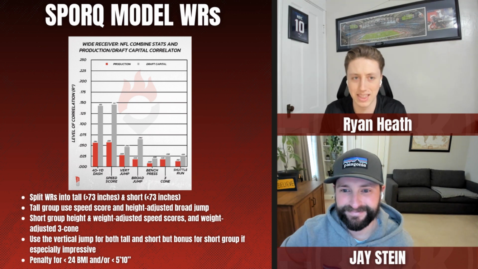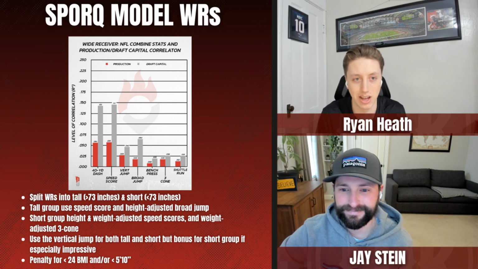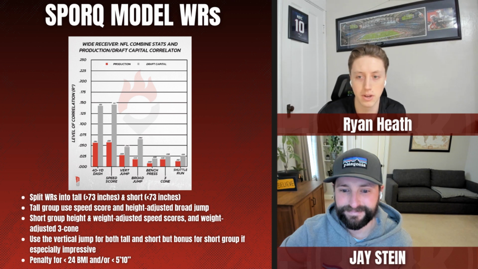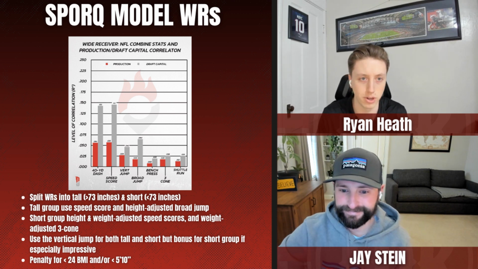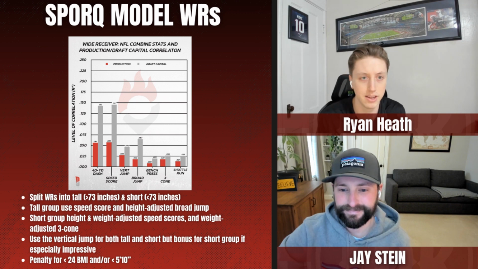And then the thing I feel best about is moderately penalizing receivers that fall under a certain size cutoff. We have very few productive NFL wide receivers that are below a 24 BMI.